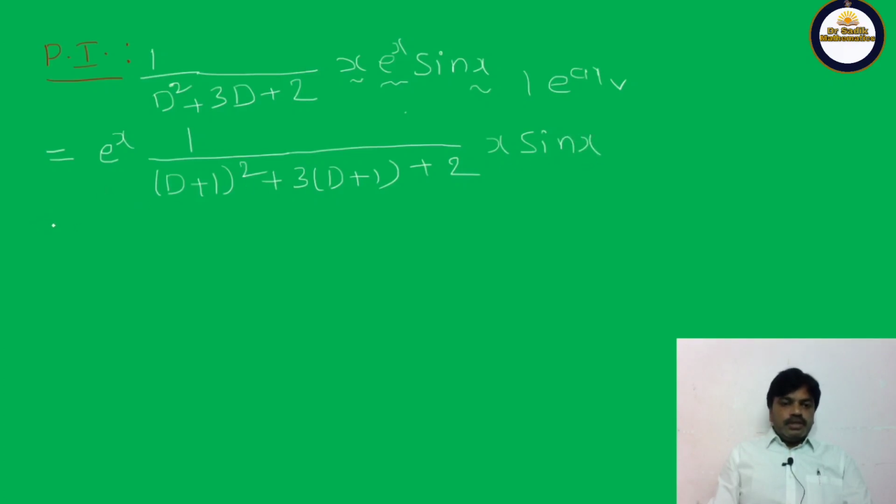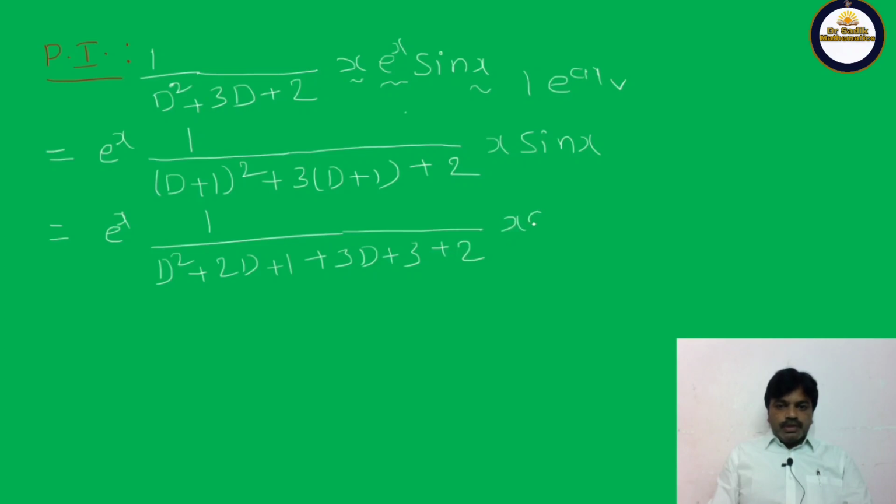So that is equal to e power x into 1 by, expand, friends. We get D square plus 2D plus 1 (1 square is 1), plus 3D plus 3 (3 ones are 3), plus 2, into x sin x.